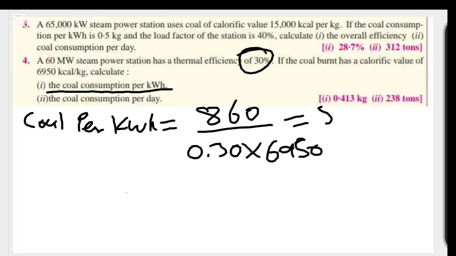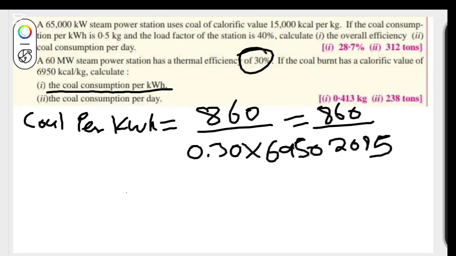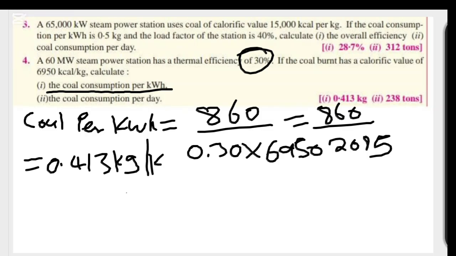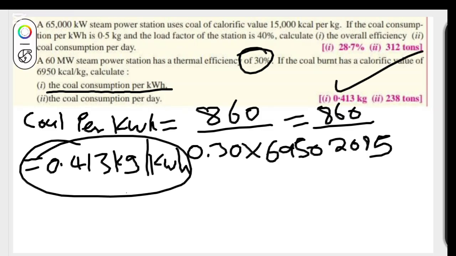So it is the same thing as 860 by 2085. And it is the same thing as the coal per kilowatt, which is 0.413 kg per kilowatt hour. Yes, we already get it.